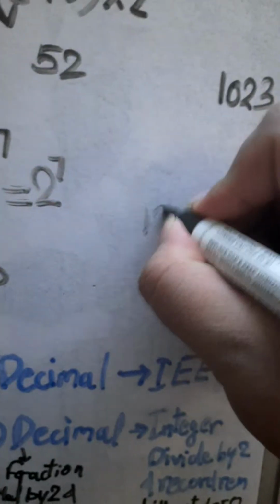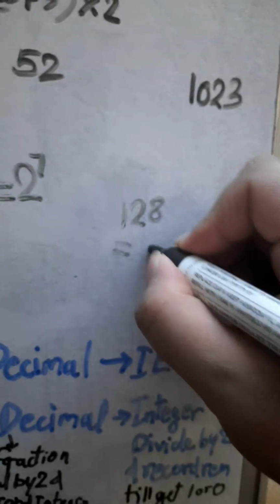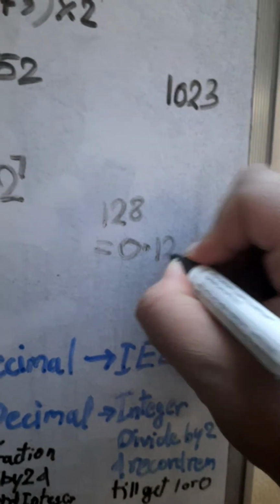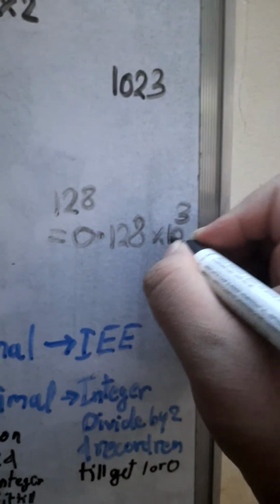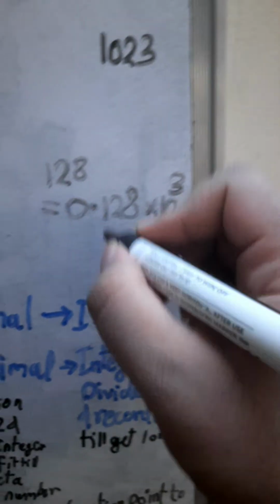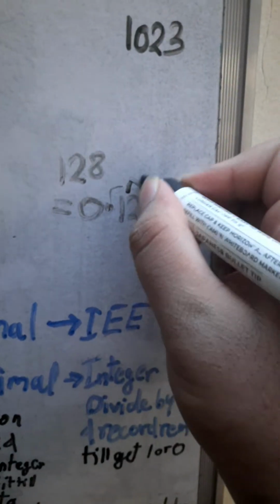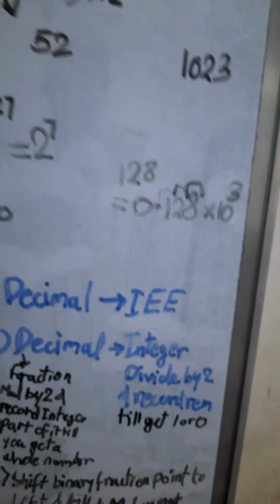Like let's say 128, I can write it as 0.128 multiplied by 10 raised to 3, because if I apply this 10 raised to 3, I would just jump the decimal to the right and get 128. That's how it works.